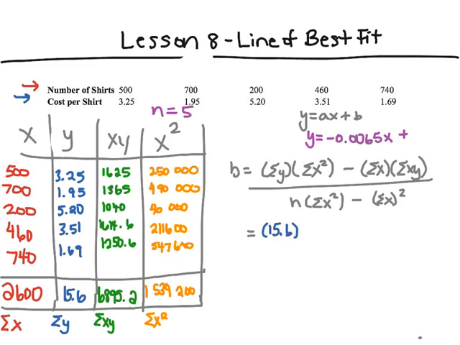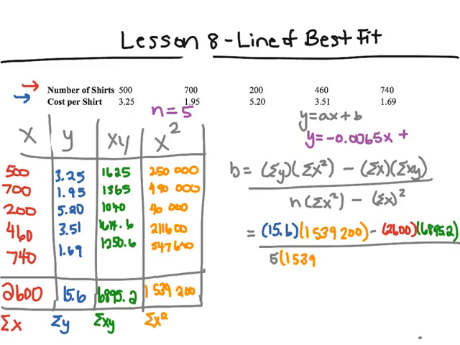And we know the sum of x squared is 1,539,200, minus the sum of x, which was 2,600, times the sum of xy, which was 6,895.2. And then the whole thing is going to be divided by n, which is 5, times the sum of x squared, which is 1,539,200, minus the sum of x, 2,600 squared.